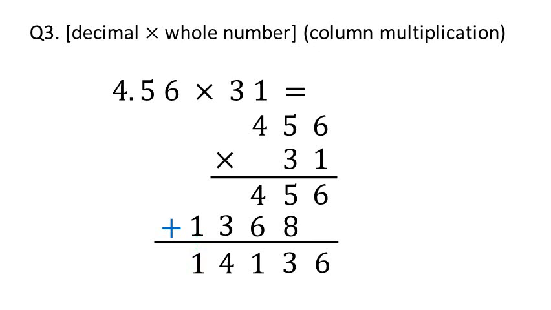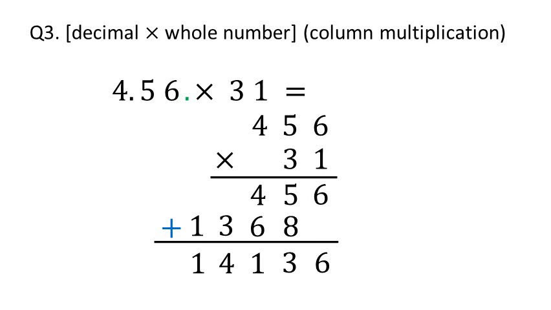Now we need to deal with the decimal point. The original question was 4.56 times 31, but we did 456 times 31. Since 456 is a whole number, we can place the decimal point at the right end.